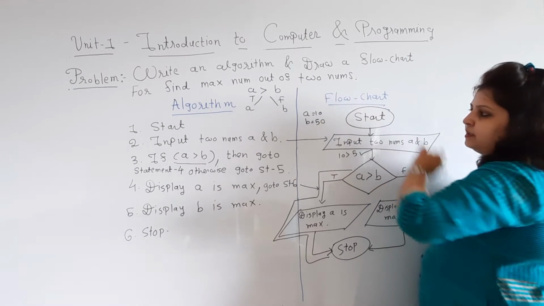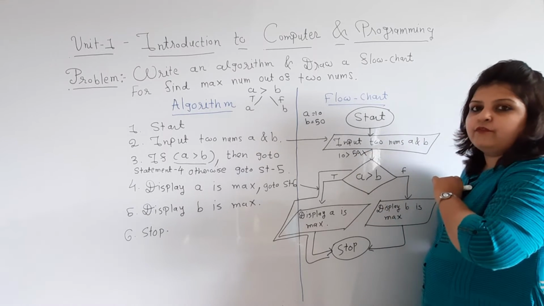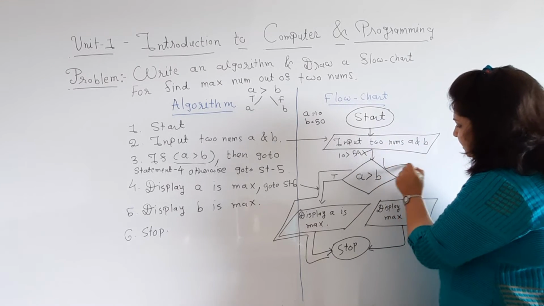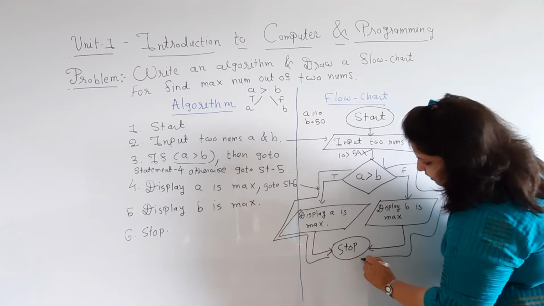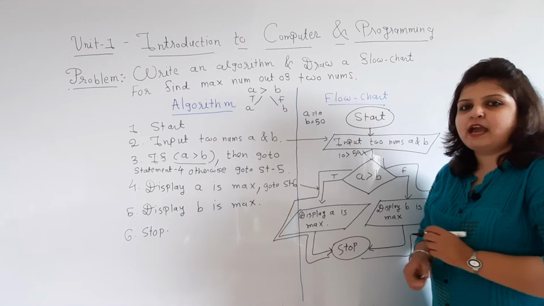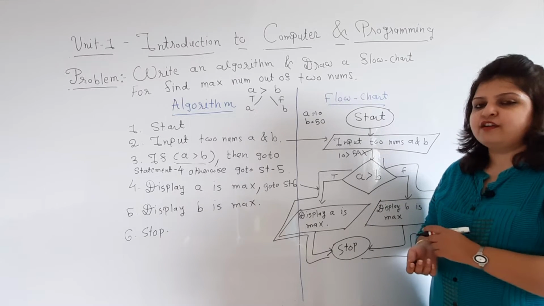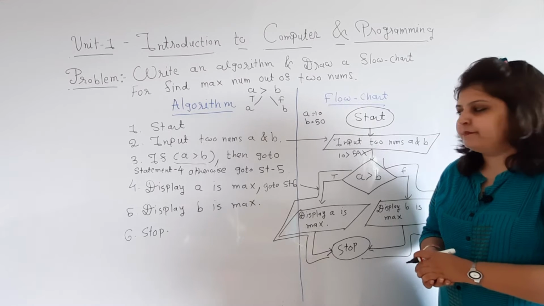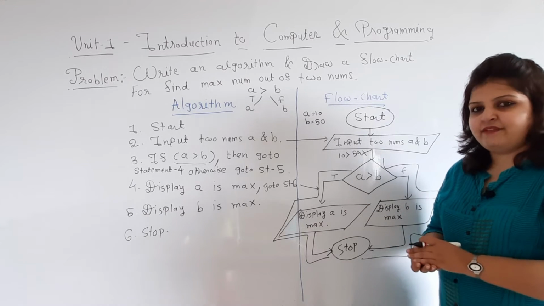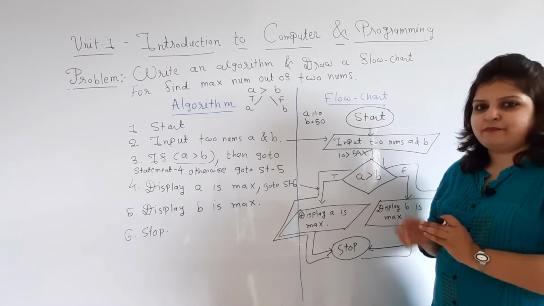If we take B as 50, our condition will be false, then this path will be executed. So at a time only one path will be executed. In this way we can draw a flow chart for a conditional problem. Hope you understand well.